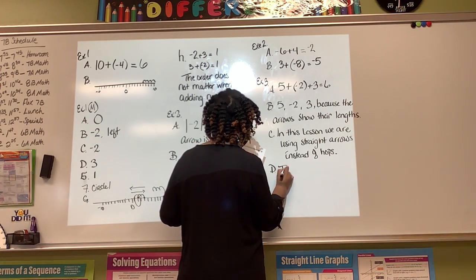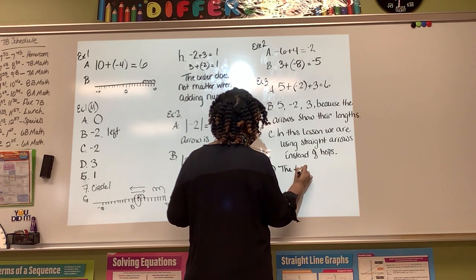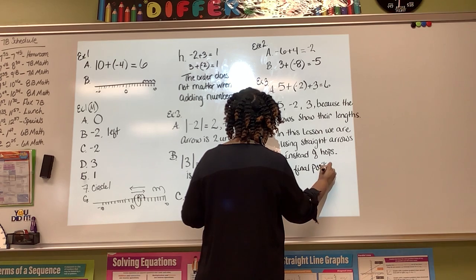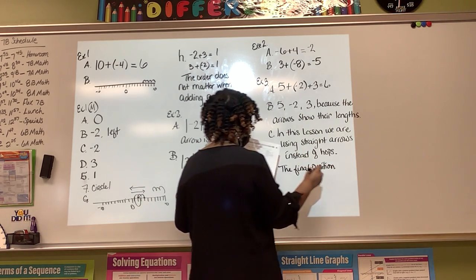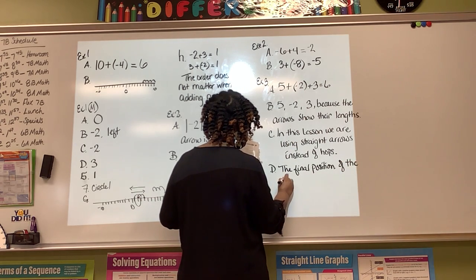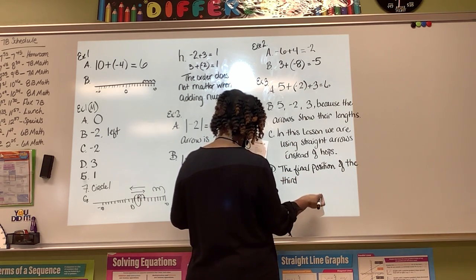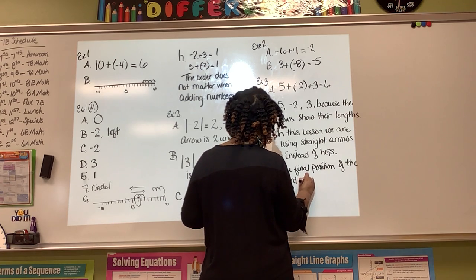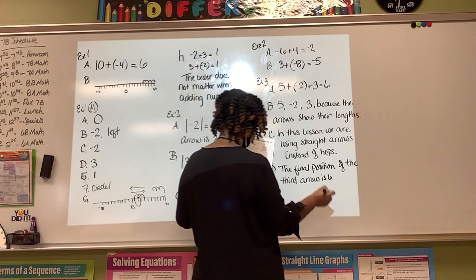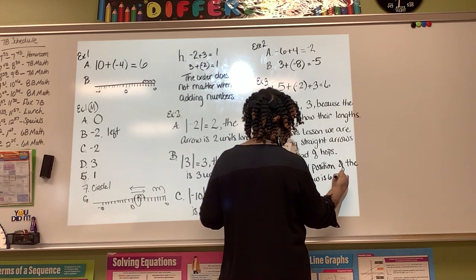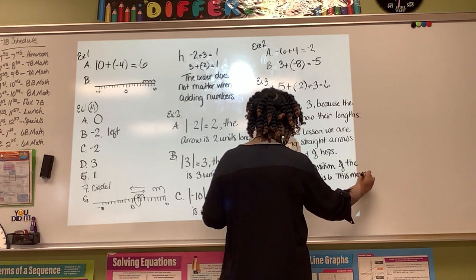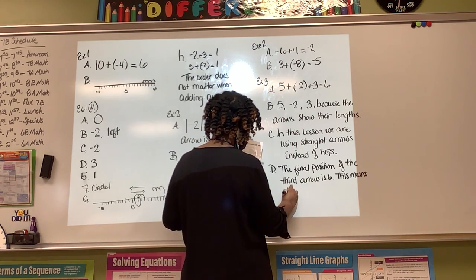The final position of the third arrow is 6. So this means the sum is 6.